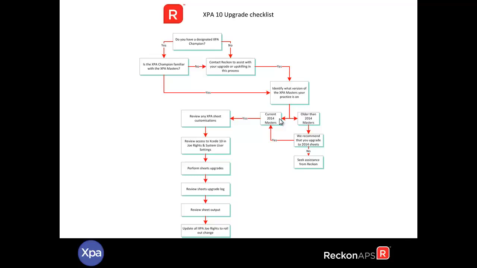The reason for this is all the functions in the upgrades have been vigorously tested on the 2014 Masters. Whilst we think that our Masters from previous years will upgrade okay, we cannot guarantee that we've tested every single year and every version of the Masters. So therefore, to limit any upgrade issues, we suggest you're on the current Masters release.